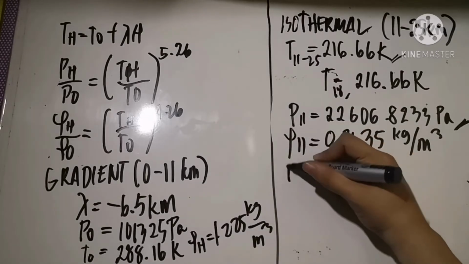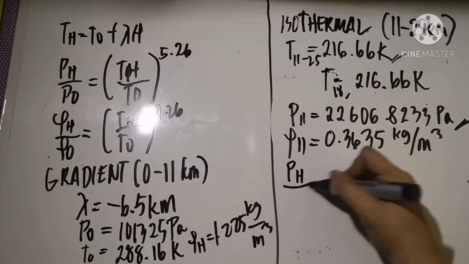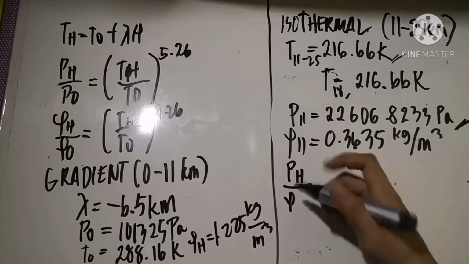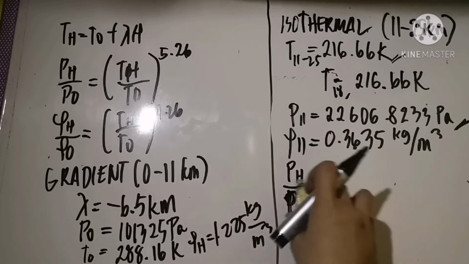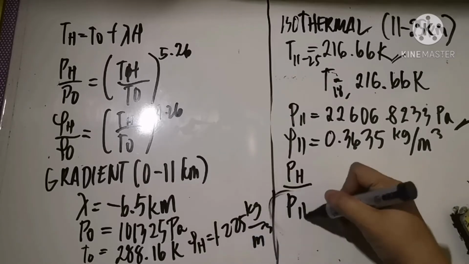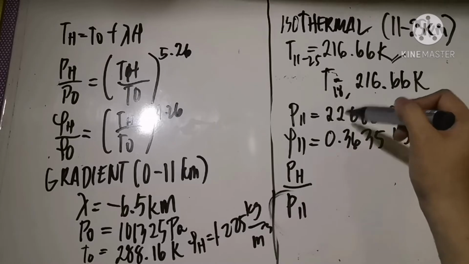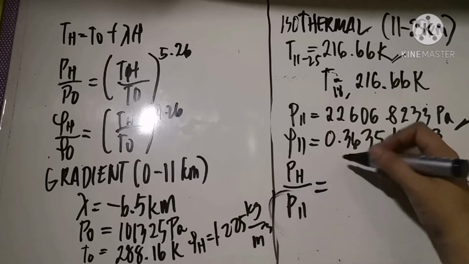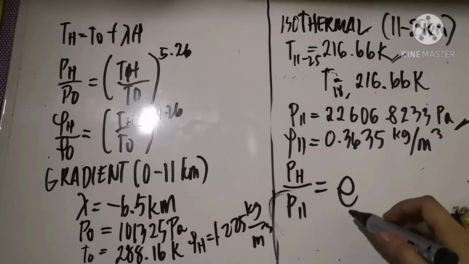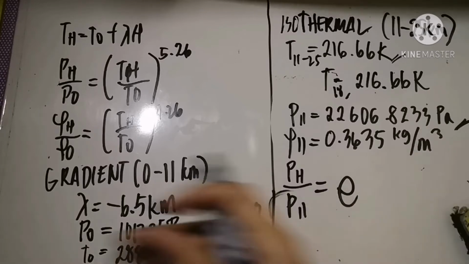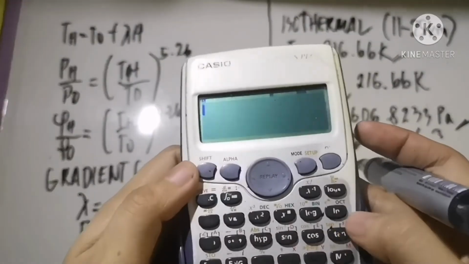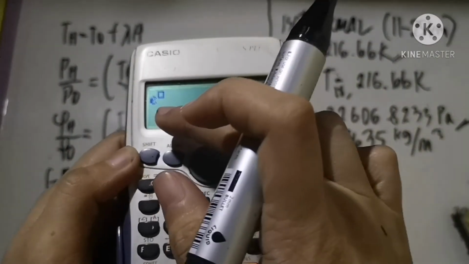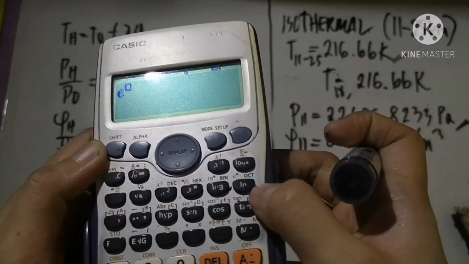So, ang formula niya ay pressure at any height or yung height between 11 to 25 kilometers over pressure at 11 kilometers. Bakit 11 kilometers? Dahil yan ay magiging initial mo for isothermal region. Hindi na po SSLC. Is equals to Euler's number or E. Kung makikita nyo yun sa calculator, ito siya. Shift and then this one. Yan na yung E. Okay, shift, LN.